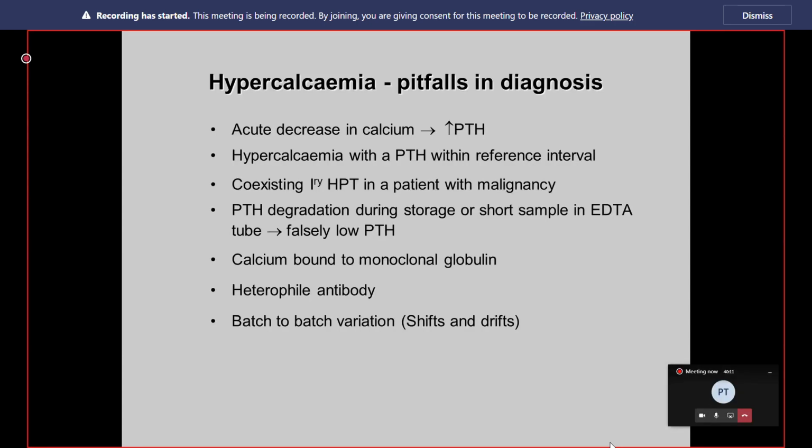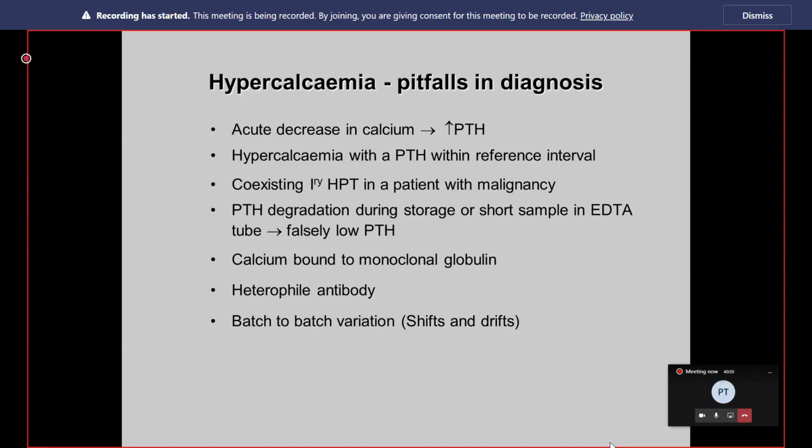I've already mentioned hypercalcemia with the PTH within the reference interval, not as clear-cut in differentiating PTH dependent and independent hypercalcemia. Now, if a patient presents with hypercalcemia and malignancy, never assume this is due to hypercalcemia of malignancy. It can coexist with primary hyperparathyroidism. Sample handling is important because if not done properly, it can lead to a lowering of the actual PTH level.